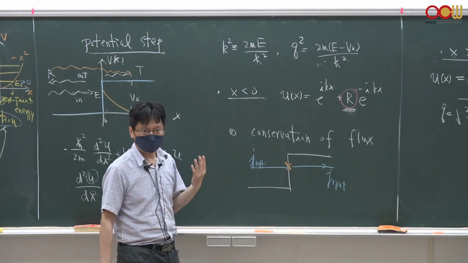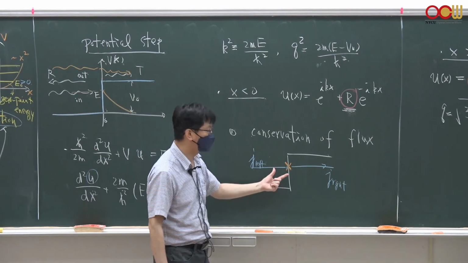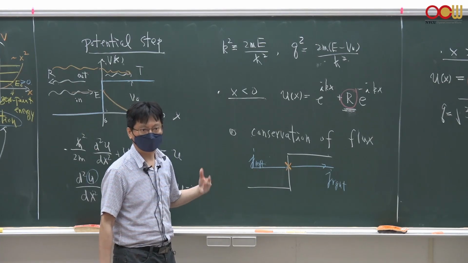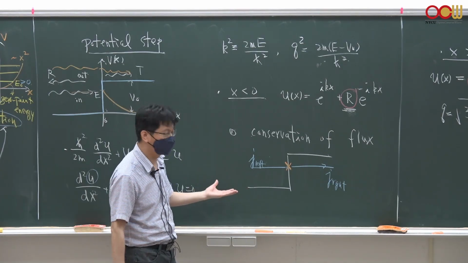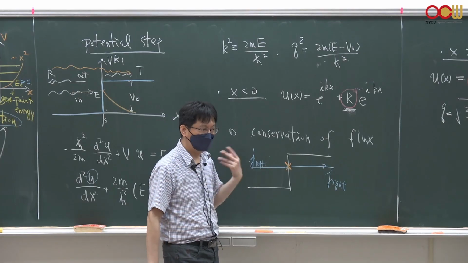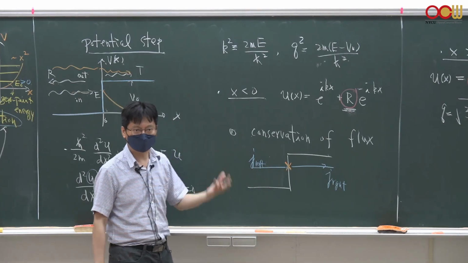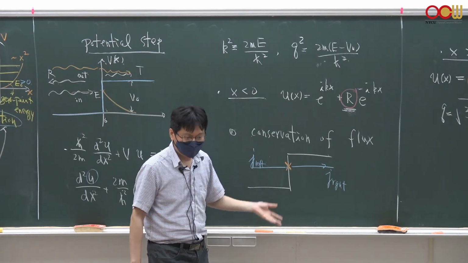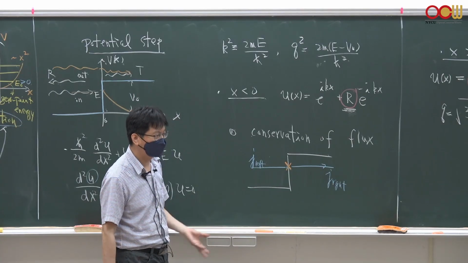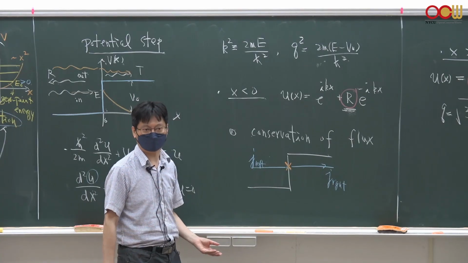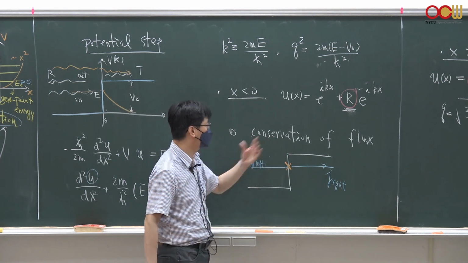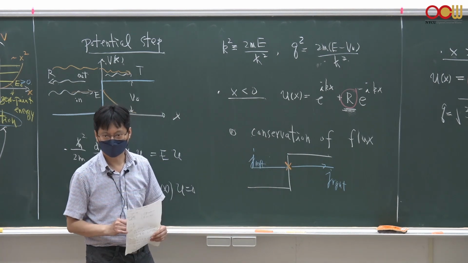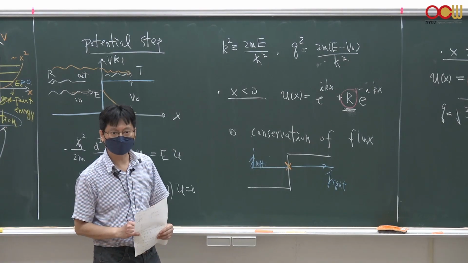Because it's not physical to think about a situation where particle flux goes missing out of nowhere. So we cannot have extra particle flux injected out of the blue, or miss any particle flux for no reason. The particle flux must be conserved, because this is a conservation of particle number.